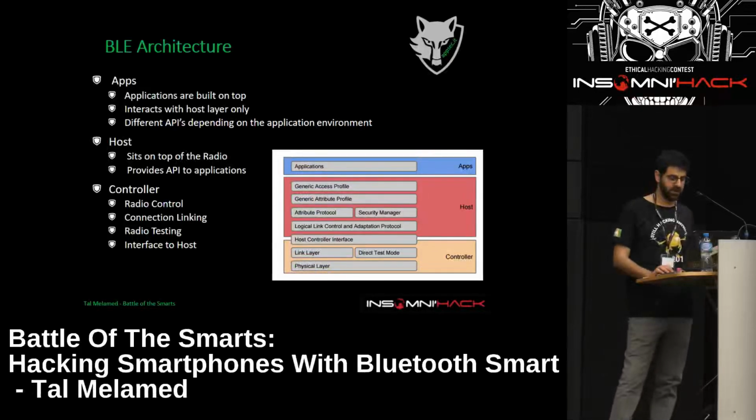And then, let's call it the interface for the app layer. Eventually we want to build apps that will be able to communicate with the devices. So these apps are built on top of the host and use the specification that the host provides them.